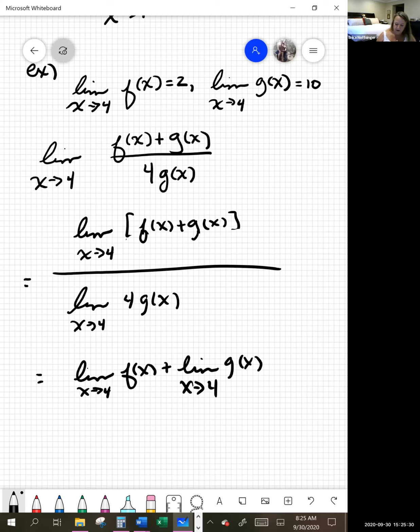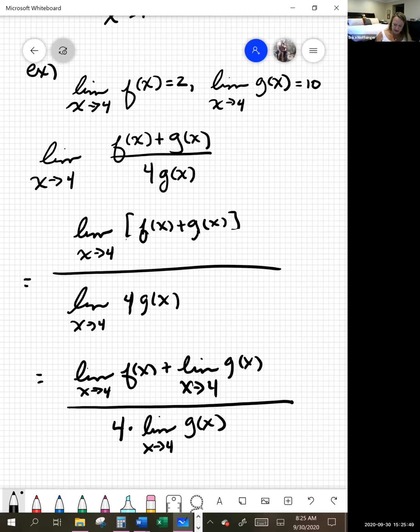all over. And then there was another rule that says if you have a coefficient times some function, you can bring that coefficient out front. So this is the same thing as 4 times the limit as x approaches 4 of g of x. But we're given what the limit as x approaches 4 of f of x is, and so that's 2.